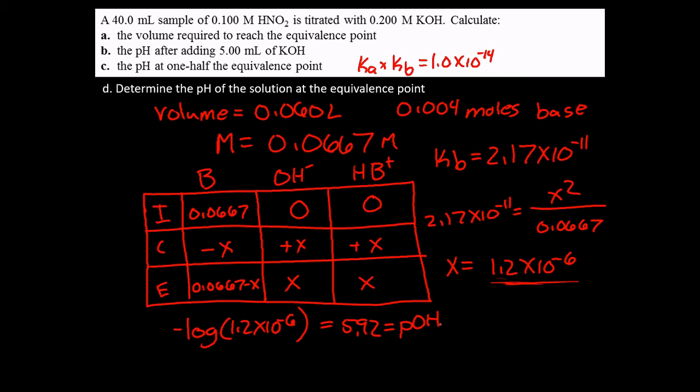And I know that the pH plus the pOH is equal to 14. So if I take 14 minus that number, I get the pH is equal to 8.08. Which, if I think about it, makes sense, because I have a relatively small concentration of a weak base, and so it makes sense to me that the solution would only be slightly basic.